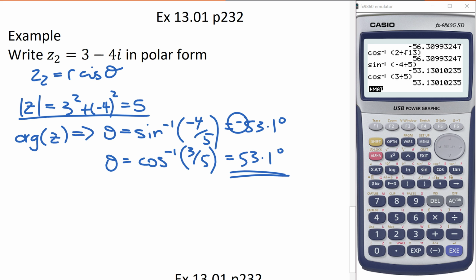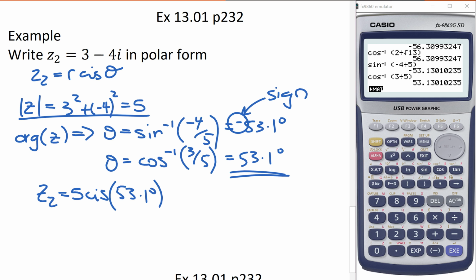So z2 therefore is 5 cis 53.1 degrees. Happy with that?